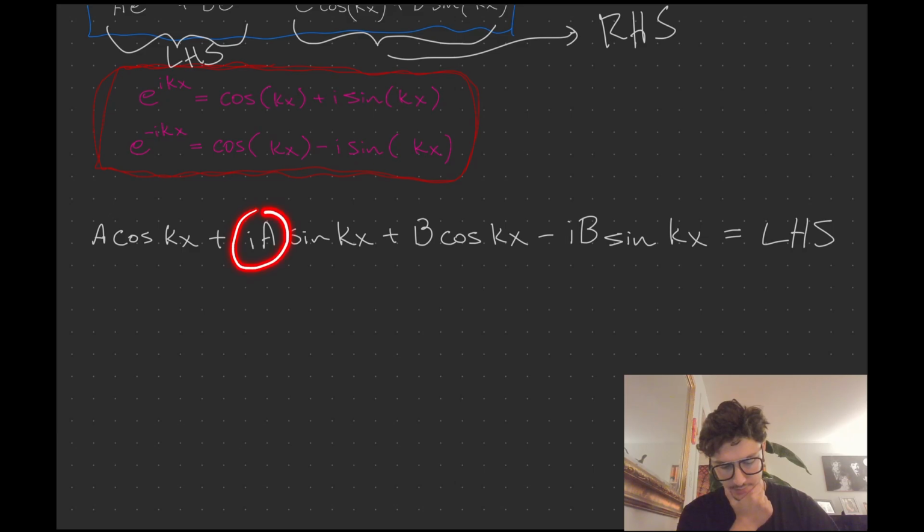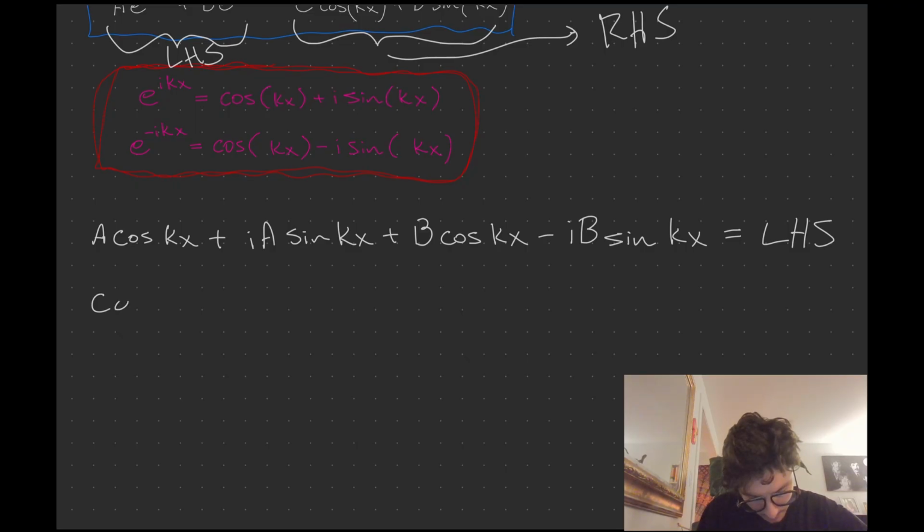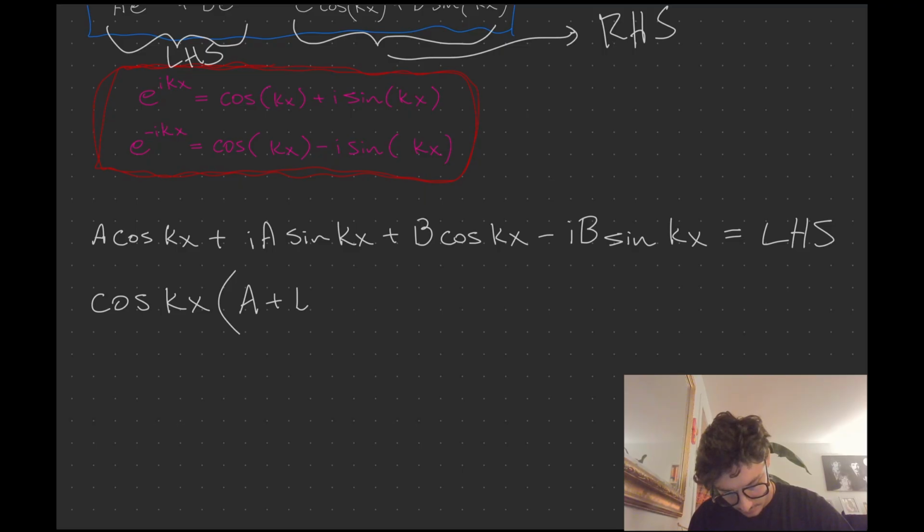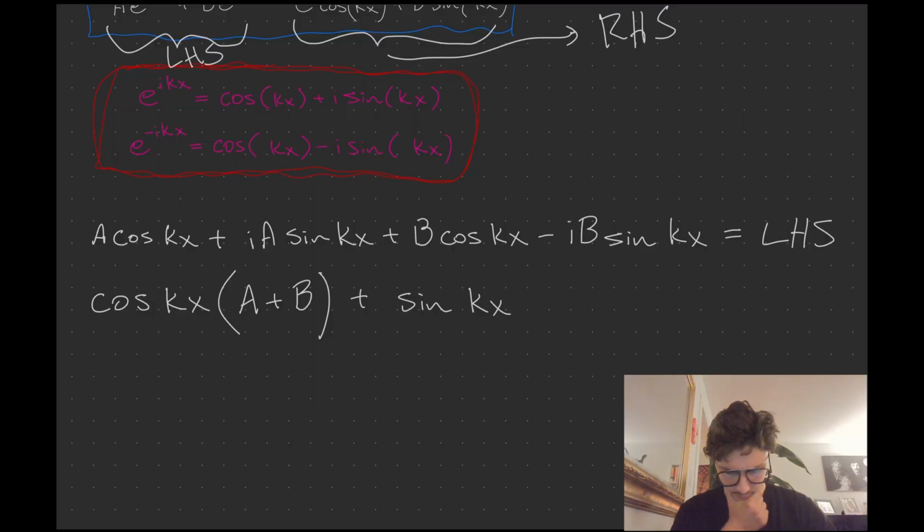And the only thing that's different is there's a plus ia over here and there's a minus ib over here. So what I'm going to do is combine cosine kx. The factors in front of this are the a plus the b. Then I'll do plus sine kx. What we have here, whoops, is factors that look like ia.